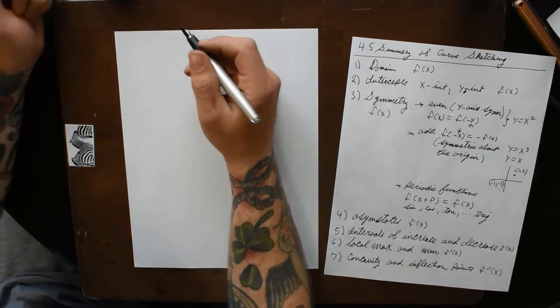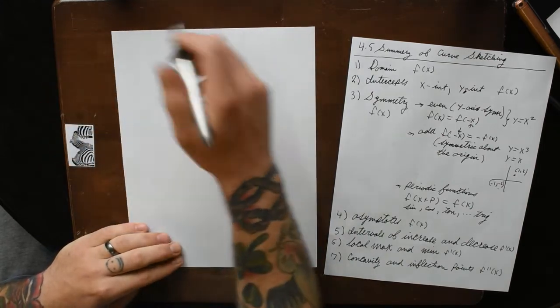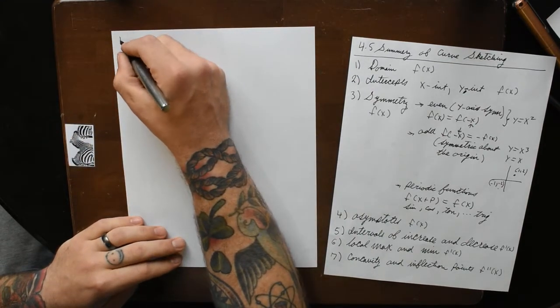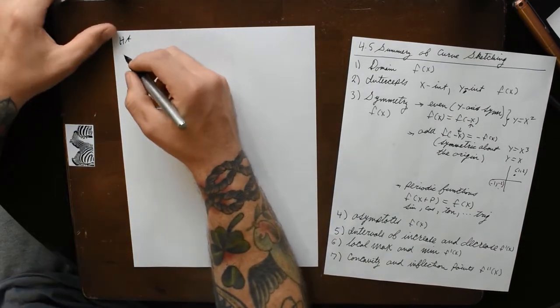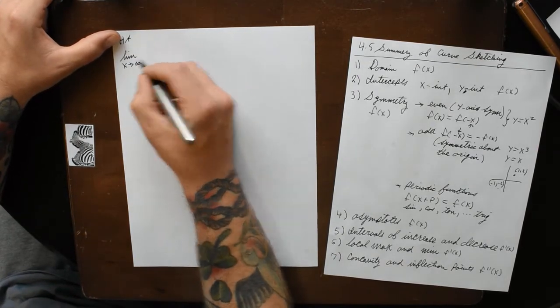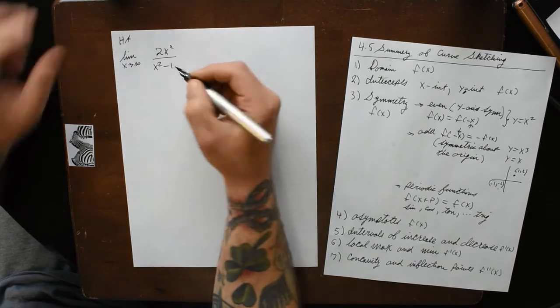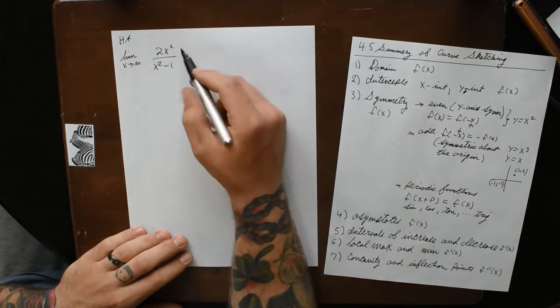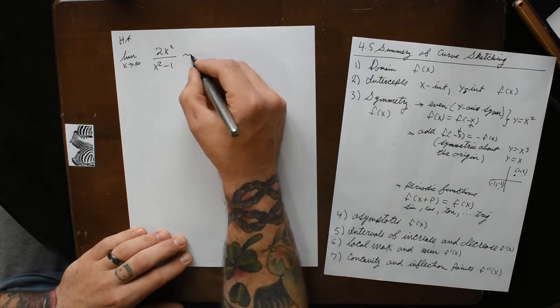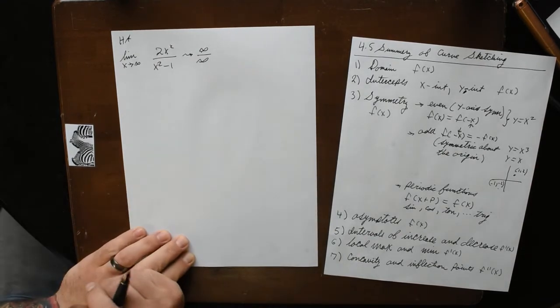Well, first off, we want to talk about vertical and horizontal asymptotes. For our horizontal asymptotes, we want to take the limit as x goes out to infinity of 2x squared over x squared minus 1, which, as x gets really large, our numerator tends to infinity, and our denominator also tends to infinity.